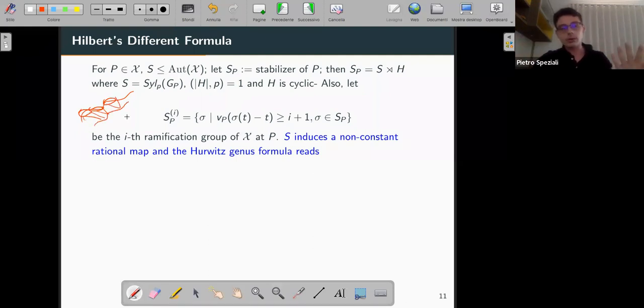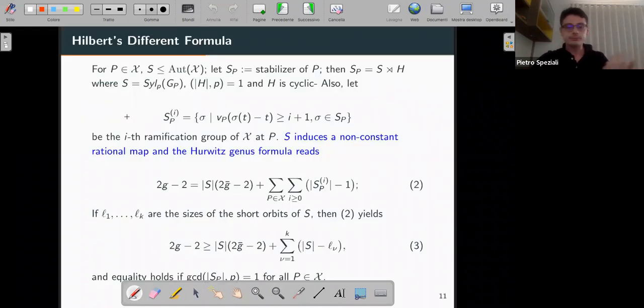So what about the Hurwitz genus formula in this case? Well, it reads this way. We have, again, 2g minus 2, the degree is the size of the automorphism group. Here we have g bar, which is the genus of the quotient curve, and then this huge sum. Well, this can be huge.